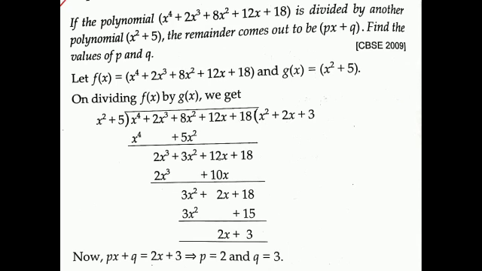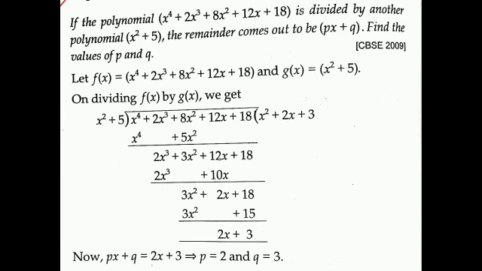In the question, it is given that the expression for the remainder is px plus q, and in our calculation we have got the remainder as 2x plus 3. Since the degree of 2x plus 3 is less than that of the divisor, we cannot carry the division process further.